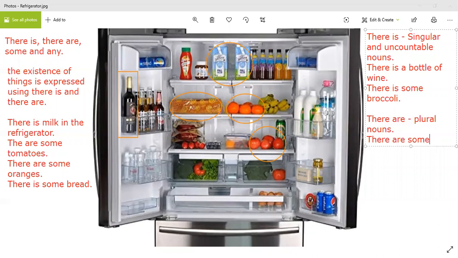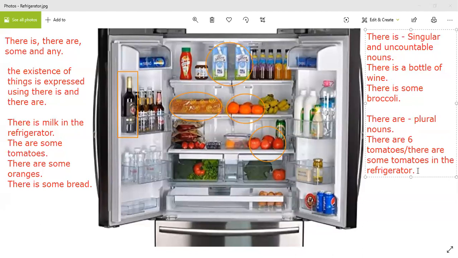I see 6 tomatoes. You can say there are 6 tomatoes. Okay, or you can say there are some tomatoes. If you don't want to specify the number, you can just say there are some tomatoes in the refrigerator.